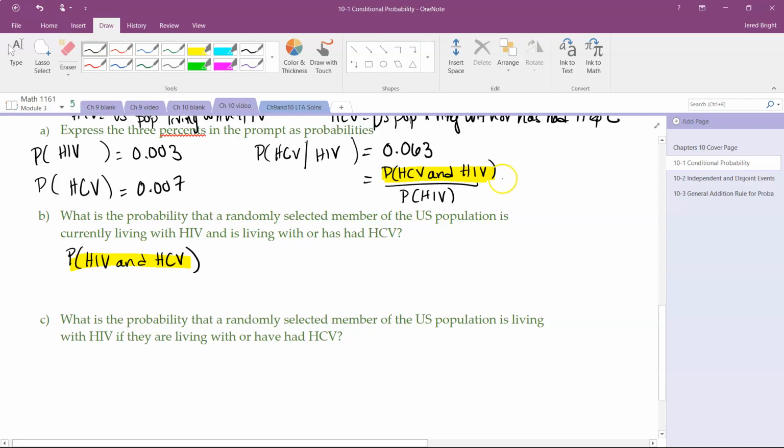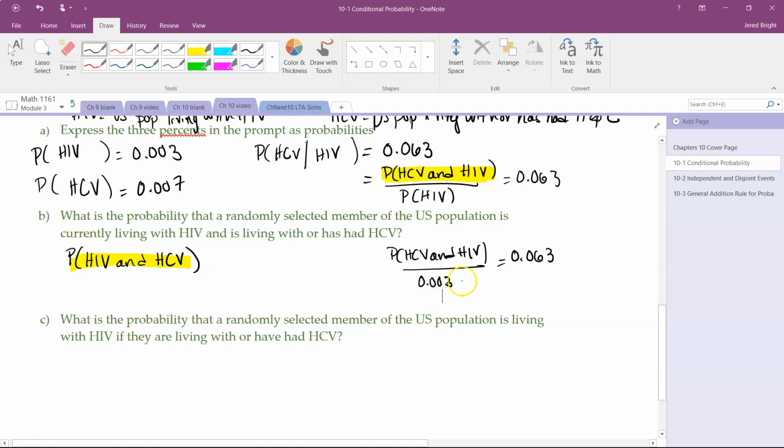Okay, so this is equal to 0.063. So what I'm going to do is leave that off to the left and do a little bit of side work. So the probability of HCV and HIV over the probability of HIV is equal to 0.063. And what I'm going to do is actually insert that number here. So the probability of HIV was 0.003.